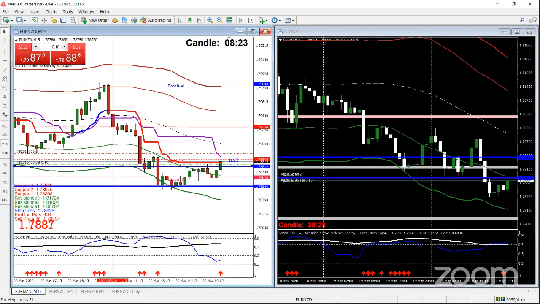I'm following my stop with the purple. I'm not pushing no further than that. If that's down there, I'm down there. You see what I did?